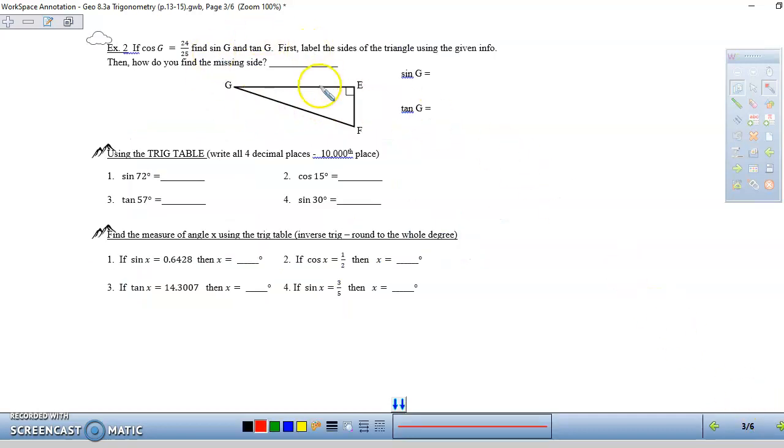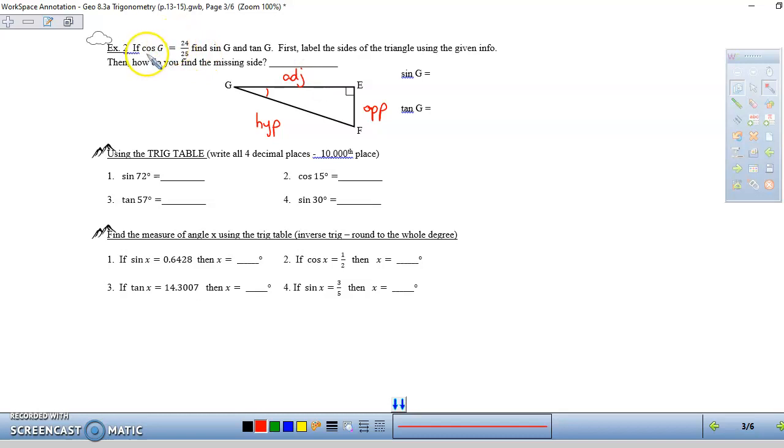Okay, last one we're going to do for trig today. This is a different kind of example. So notice the cosine of G. Right away I'm just going to mark G, and I'm going to start labeling the sides. I know that's hypotenuse. I know this is going to be opposite, and this is going to be adjacent.